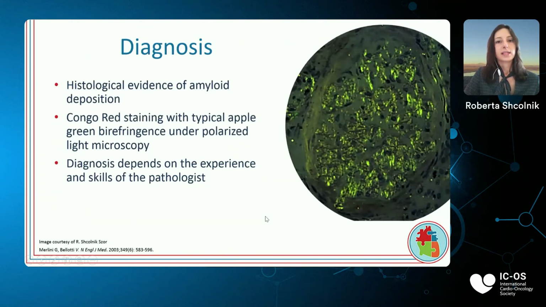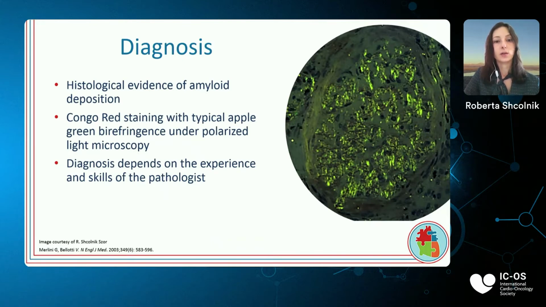So, to establish the diagnosis of AL amyloidosis, we need histological evidence of amyloid deposition, and this is made by the Congo red staining that shows us a typical apple green birefringence under polarized light microscopy.